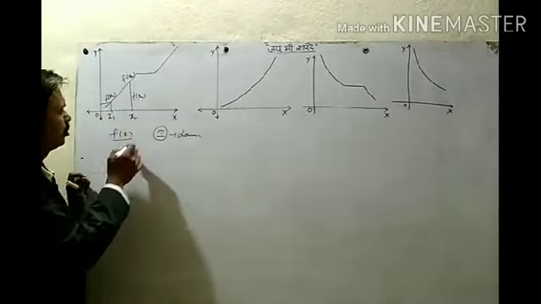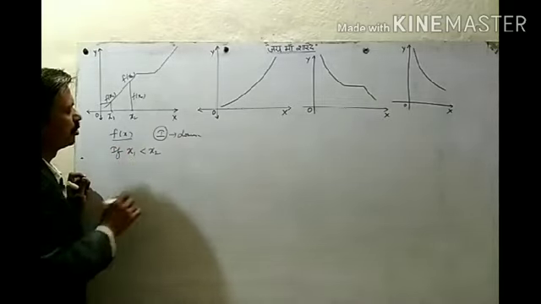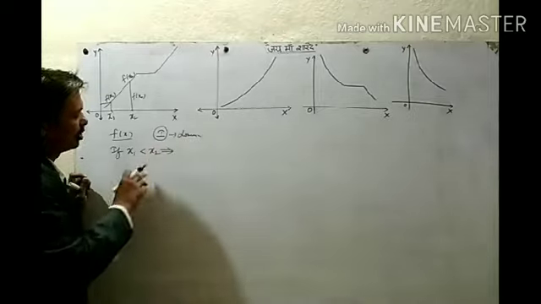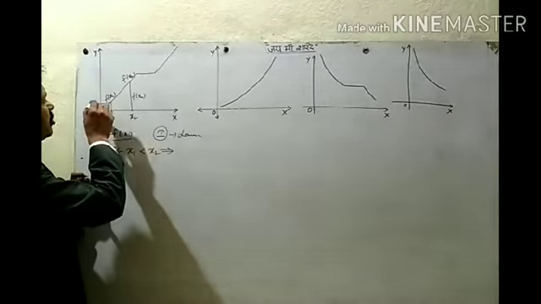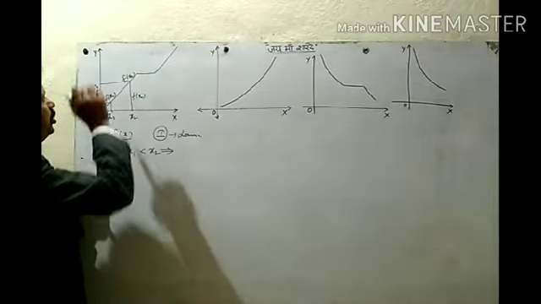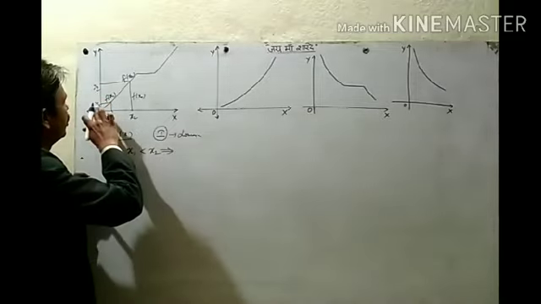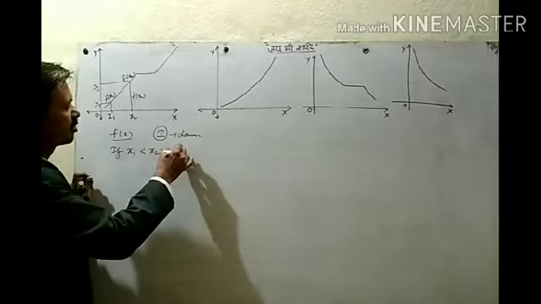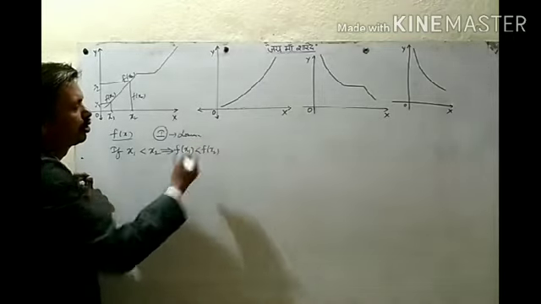What does this imply? The value of f of x1 is y1, the value of f of x2 is y2. What is the relation between y1 and y2? y1 is less than y2, meaning f of x1 is less than f of x2.